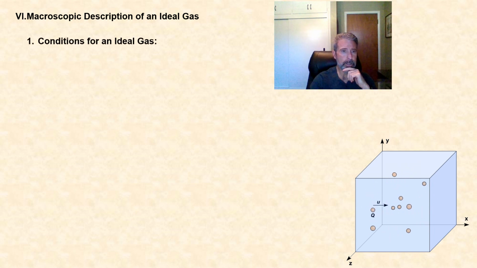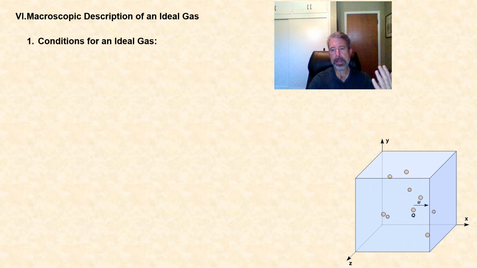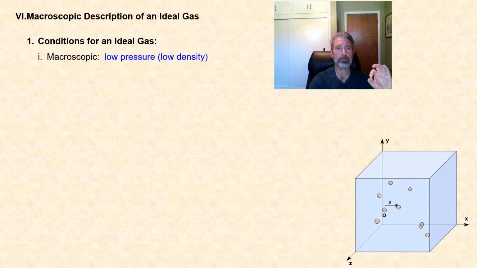So let's start out here by describing what are the conditions to make a gas be considered an ideal gas. And by the way, you'll see in the lower right hand portion of your screen a model for an ideal gas. First of all, we'll describe it from a macroscopic point of view.